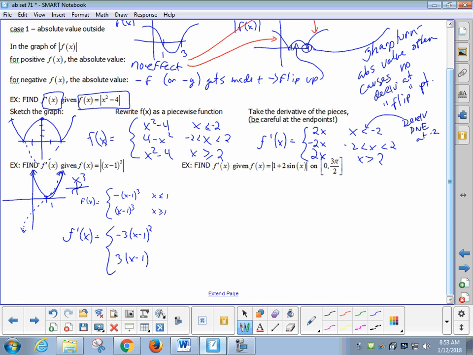So the question at hand, Hunter's question, and a darn good one, is what about the derivative? Sharp turn, don't include it, like I just did. Not a sharp turn, include it. Sharp turn? Not a sharp turn? Why? Parabola. Okay.